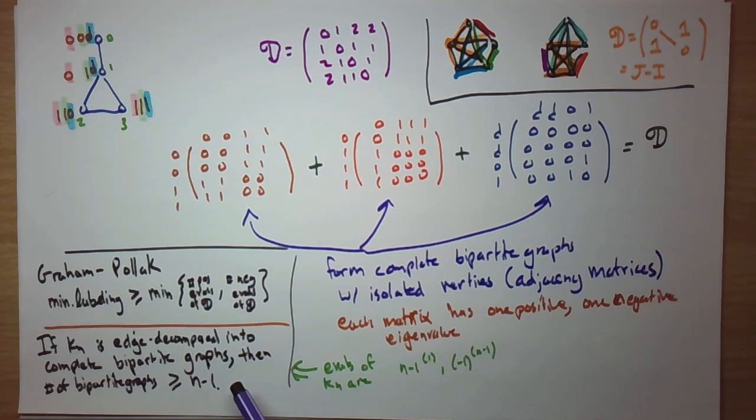Now, why do they talk about this? Well, for one thing, it's kind of a really cool statement. And another thing is, this is very combinatorial. And combinatorial things should have combinatorial proofs. Except they struggled. It took them decades before they came up with a proof for Graham-Pollak that did not use linear algebra.